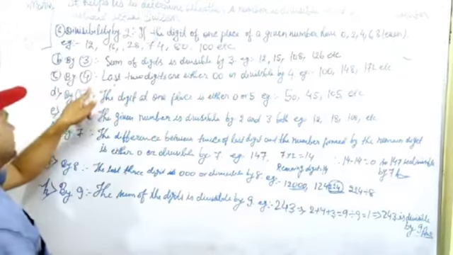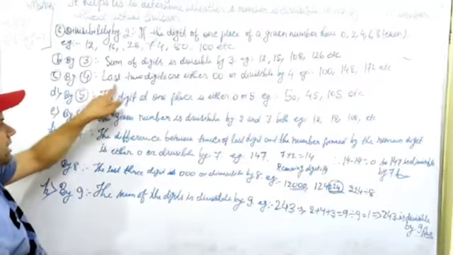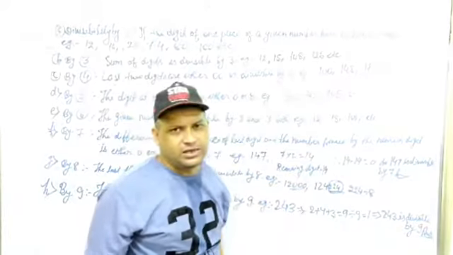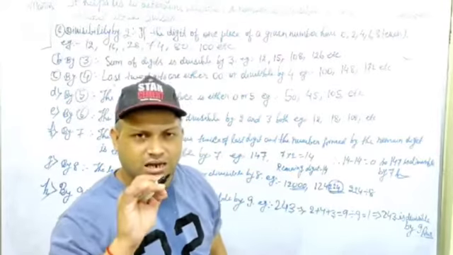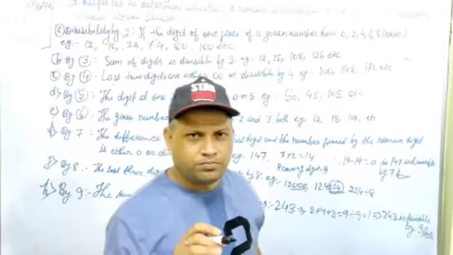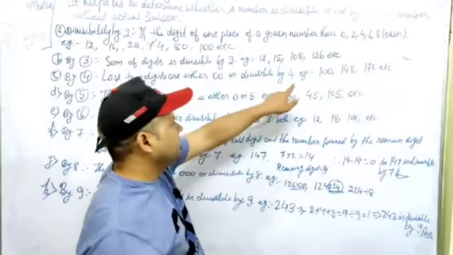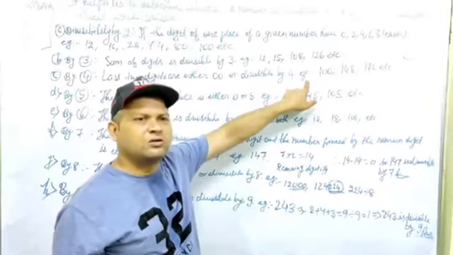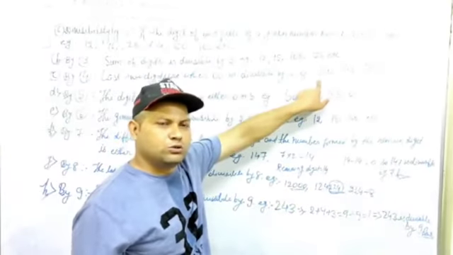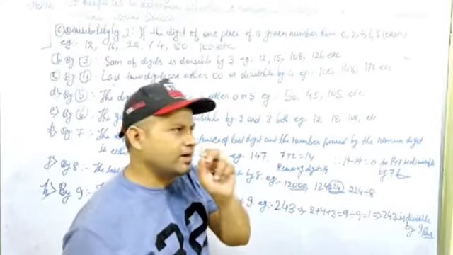Now move towards the divisibility rule of 4. What does this rule say? The last two digits are either 0, 0 or divisible by 4. We have to check the last two digits, meaning the digit at the tens place and the digit at the one's place. Combined, they should be divisible by 4 or be equal to 0, 0, then the number would be divisible by 4.